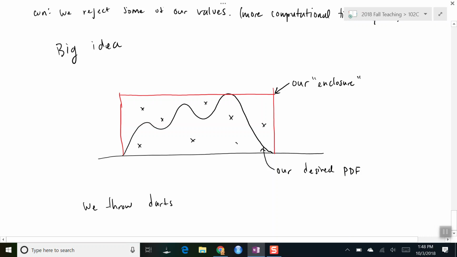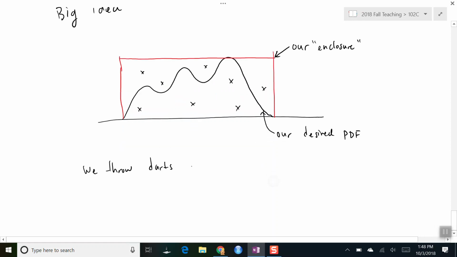And we throw darts at our enclosure. Okay, so we'll throw a dart there, and a dart there, a dart there. Over this, we throw darts at the enclosure.